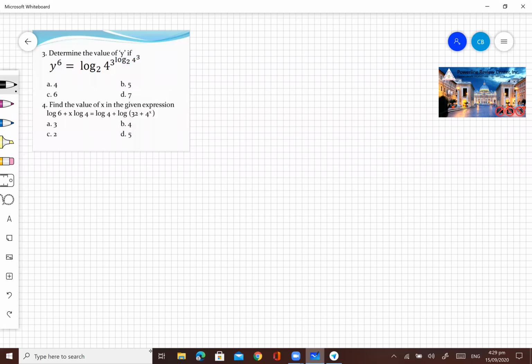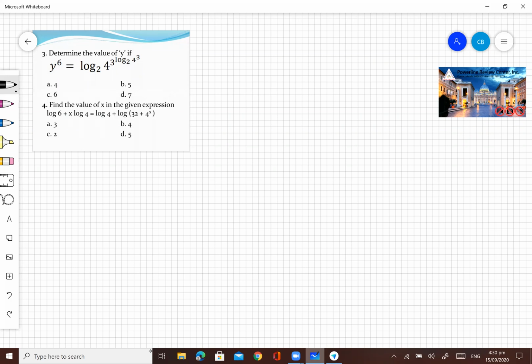Hindi ko pa nababrowse kung kaya ba ito nung calculator diretso doon sa allowed sa inyo. However, sa ibang course, diretso lang ito kay calculator. Saktong-sakto yan, especially sa EE, kasi medyo high-tech pa yung gamit namin na calcu. However, sa inyo, sigurado naman ako that you are aware kung anong nangyari doon.